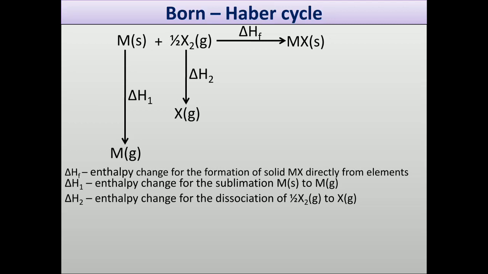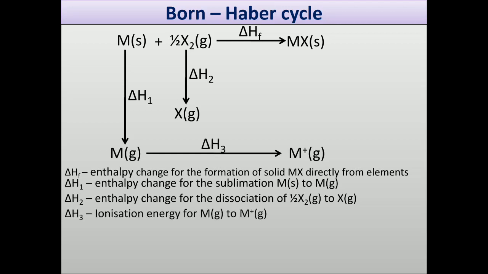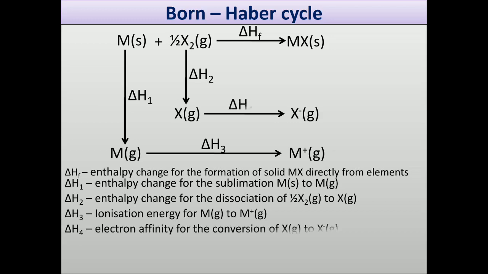Then gaseous metal atoms are ionized to form metal plus 1 ion, and the enthalpy change for this reaction is del H3. The electron affinity for the conversion of atomic halogen to halide ion, that is X to X minus, is del H4.